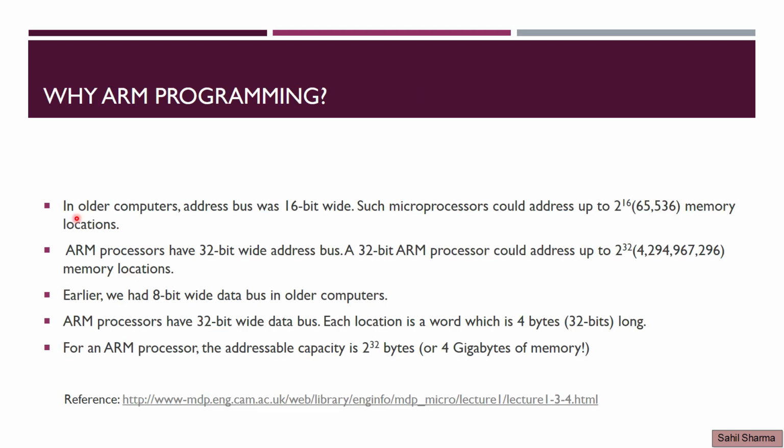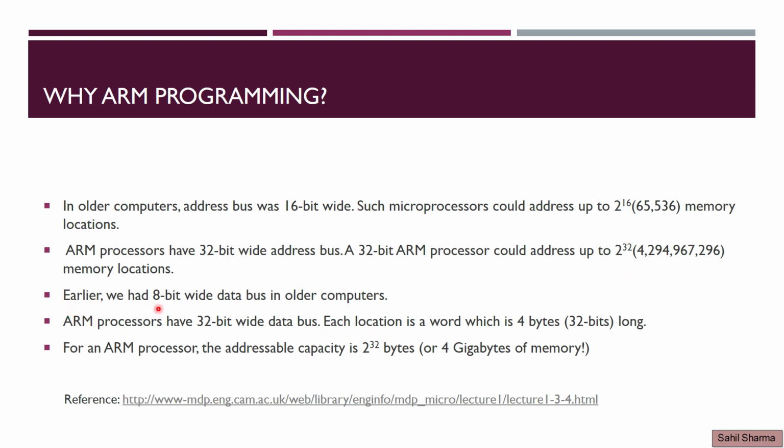Why do we need ARM programming? In older computers, address bus was 16-bit wide. Such microprocessors had a limitation of addressing up to 2^16 memory locations. But ARM processors have a 32-bit wide address bus. So ARM processor can address up to 2^32 memory locations.